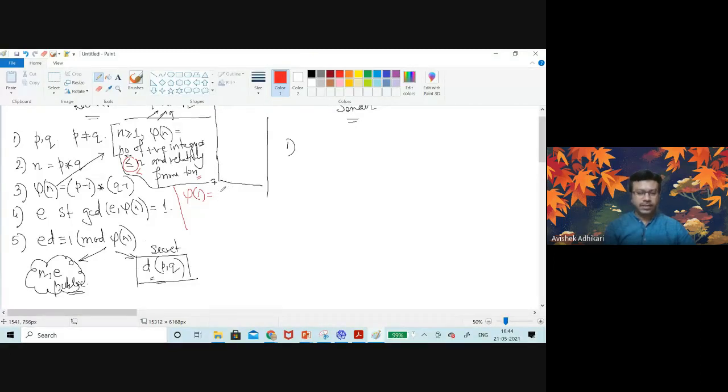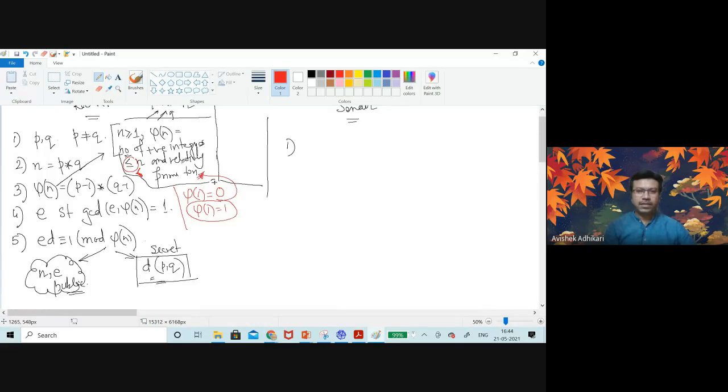How many? So in your case, this value will be 0, but you know that phi of 1 is 1. So if you are going to give this definition with strictly less than, then you have to include this as well within your definition.